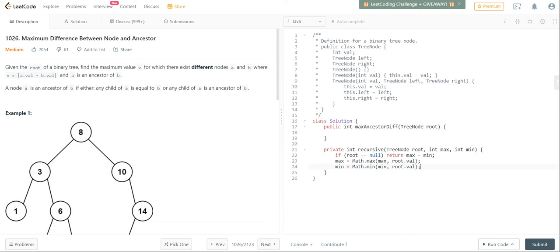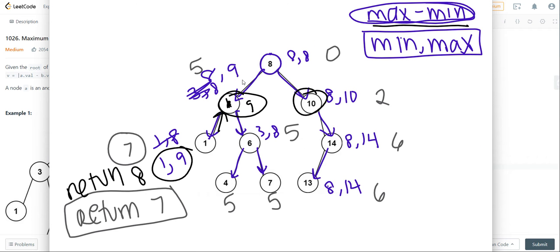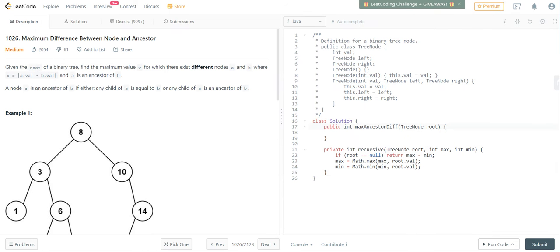And this is that part where we took these values and updated them with the current node. And then all we need to do is return Math.max of recursive of root.left, max and min, and recursive of root.right, max and min.